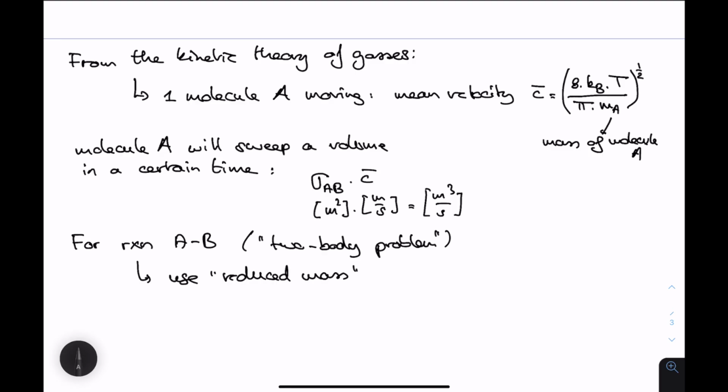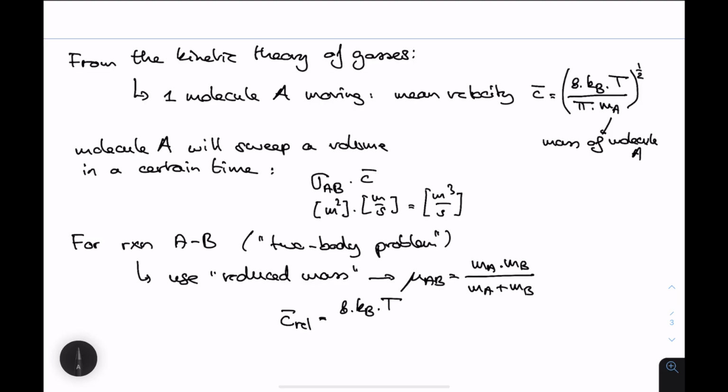This is quite simple. Mu AB is mass A times mass B over mass A plus mass B. And then this mean relative velocity, relative between A and B, will become 8 k_B T over pi mu AB, to the power half.